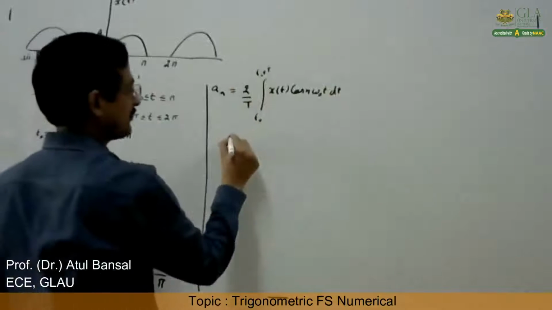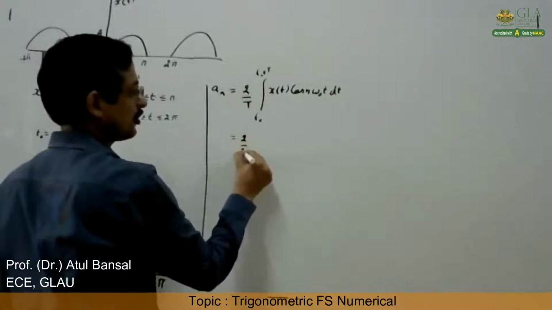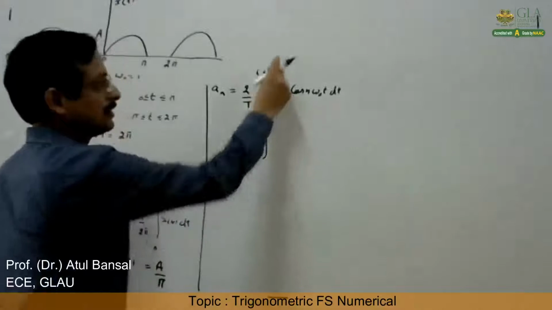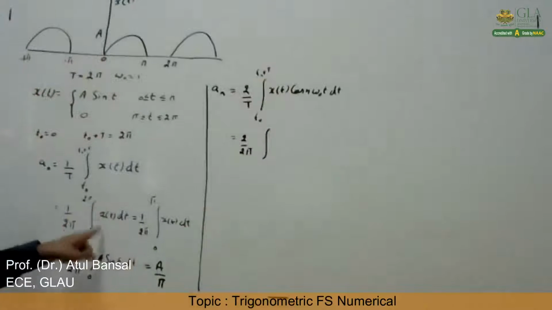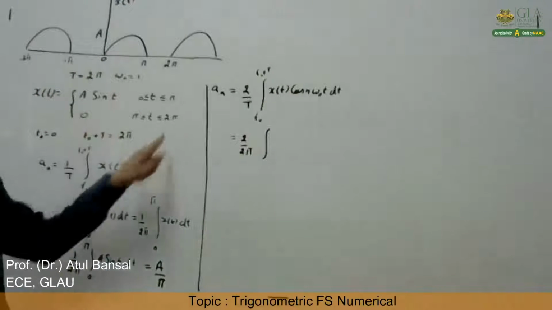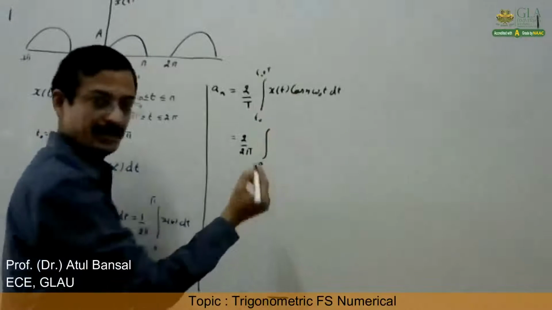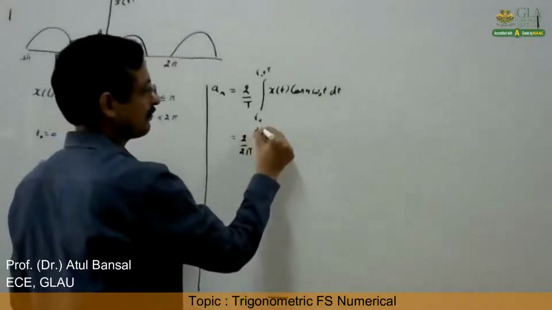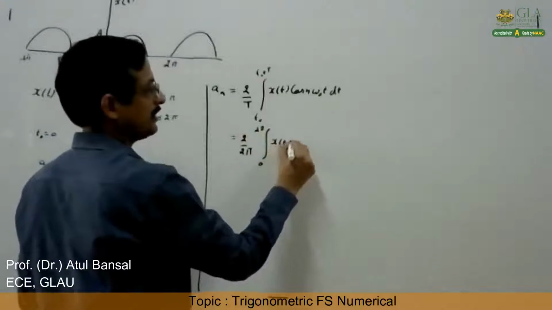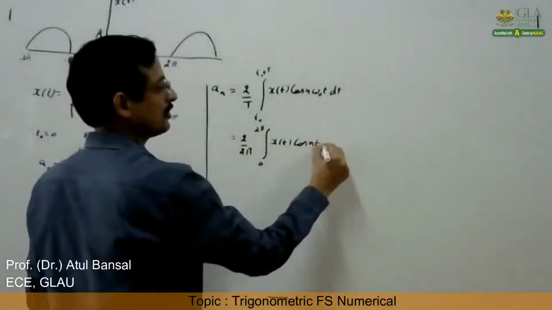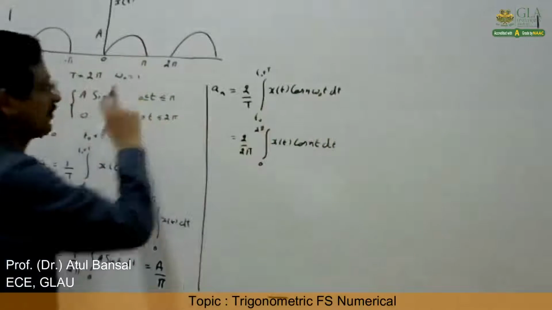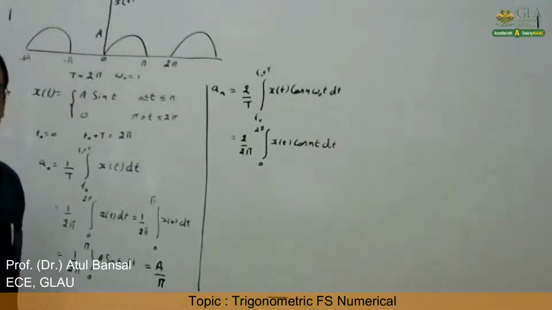So if you put in these values, this becomes 2 upon 2 pi. This again is the 0 to 2 pi limit, but pi to 2 pi is 0, so we can put it 0 to pi directly, or I can write 0 to 2 pi first, then x(t), this will become cos n t dt, since omega naught is 1. Right?